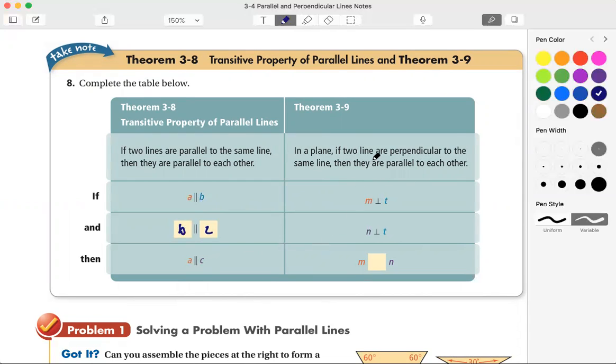So in a plane, if two lines are perpendicular to the same line, then they are parallel to each other. So M is perpendicular to T, N is perpendicular to T, so they're perpendicular to the same line. Then that means M and N must be parallel.